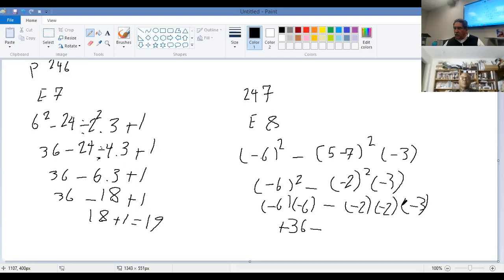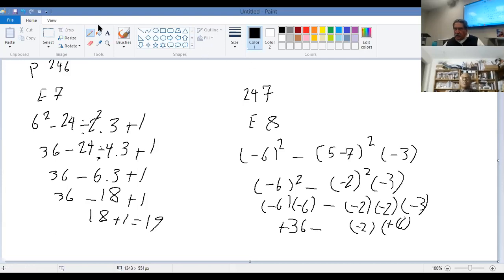Two integers multiplying with the same sign, so the sign should be positive. 3 times 2 is 6. And then here, oh, okay. Wouldn't you go 2 times 2 is 4 times 3? No, you see, 2 times 3 is 6.